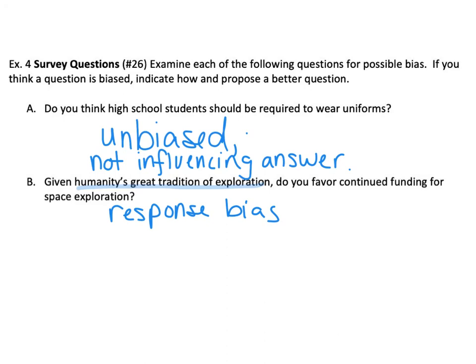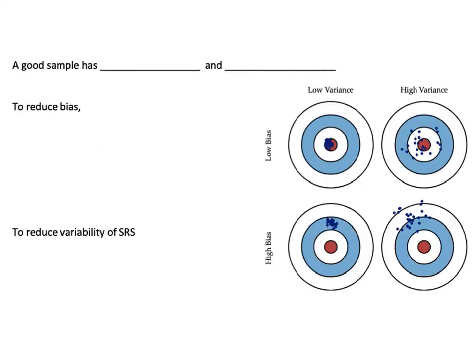All right. Finally, one of the things that we're really shooting for with a good sample is that it has low bias, so that we're really hitting the mark of the true population. So this example has low bias, and this one has pretty low bias, because your bullseye is your mark. And we also want low variability. I'll show you what this looks like in a dot plot, but I think the target illustrates it here.